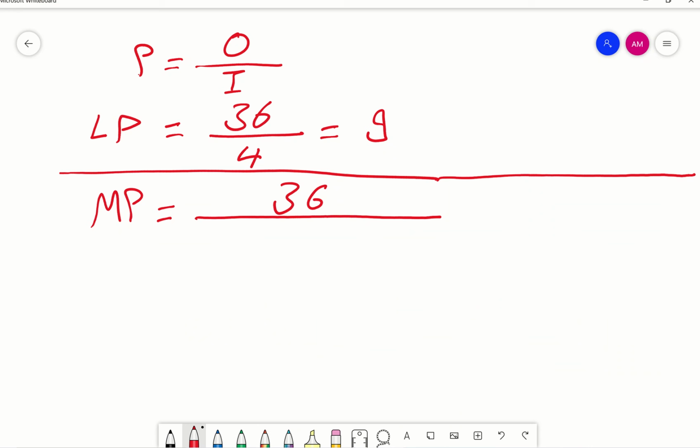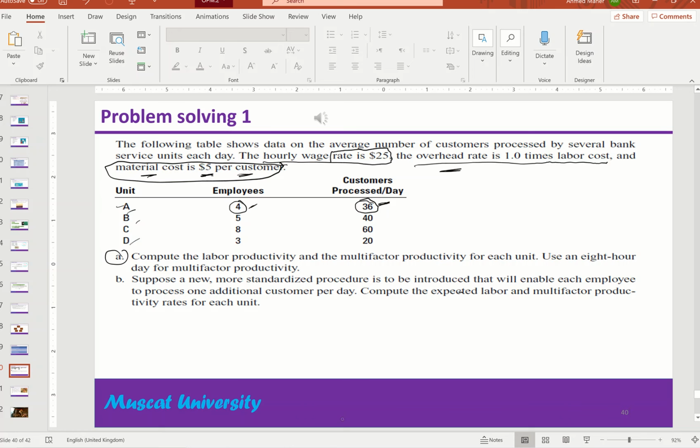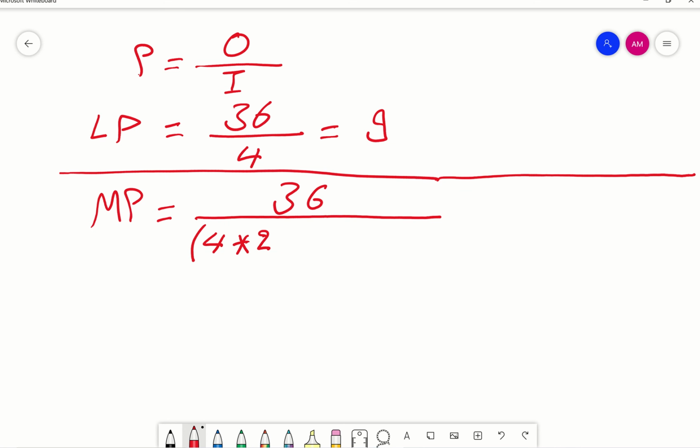If I start with the laborers, how many laborers do I have? 4. How many hours do they work? As per the question, use 8 hours a day for multi-factor productivity, and each hour costs me $25. So 4 by $25 by 8 hours they work today.